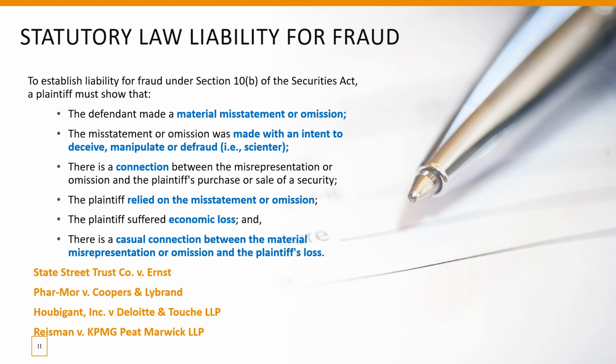In the next two cases, the court ruled that an auditor can be found guilty of fraud if the plaintiff can prove that the auditor was aware of the auditor's misrepresentations, and that they might be relied on by the plaintiff. The plaintiff doesn't need to prove that the auditor intended to have the plaintiff rely on the misrepresentations.